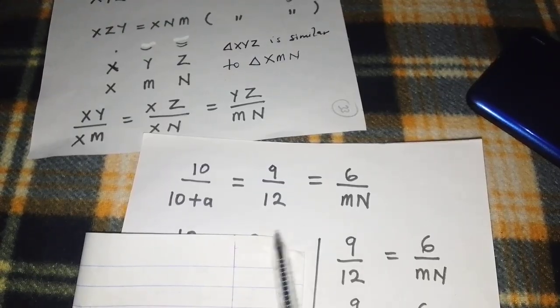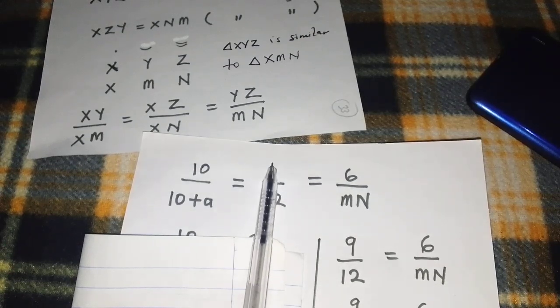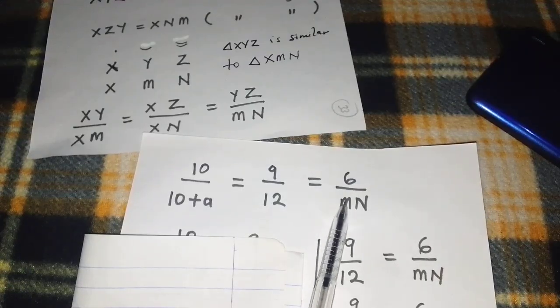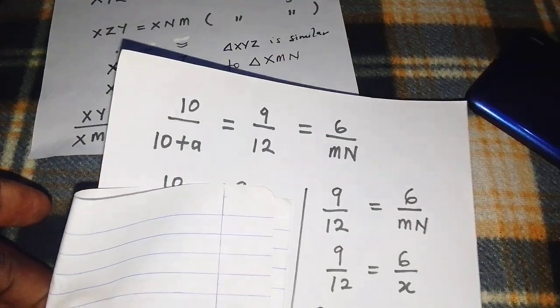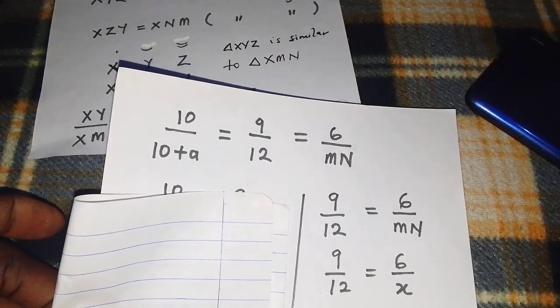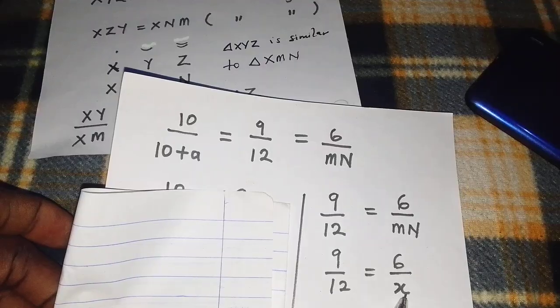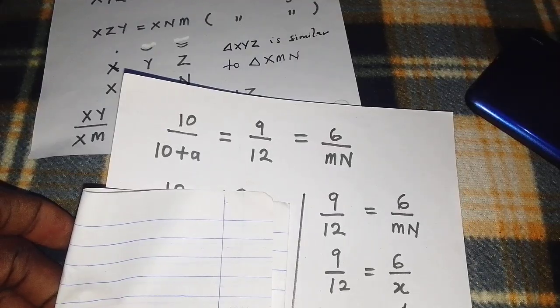Also to look for this side MN, you pick the complete ratio having MN. So 9 over 12 is equal to 6 over MN. If I use x to represent MN, then 9 over 12 equals 6 over x.